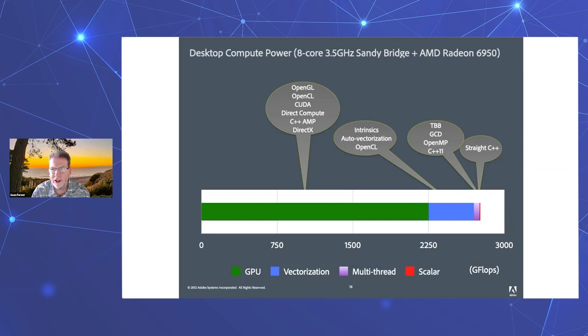CUDA has been working towards executing straight standard C++ directly on the GPU. Apple has Metal. There's an open standard called Vulkan, which is mostly just Linux, although it does have some play on Windows. Unfortunately, no play on Mac or the web. And then we have WebGPU to access the GPU within the browser.